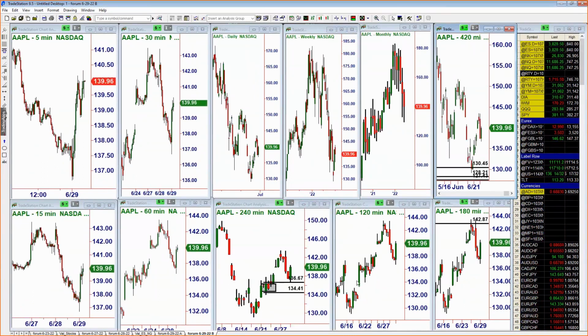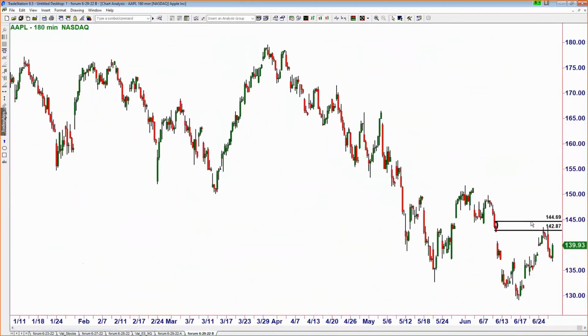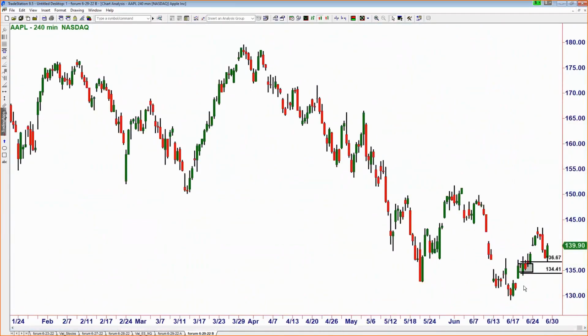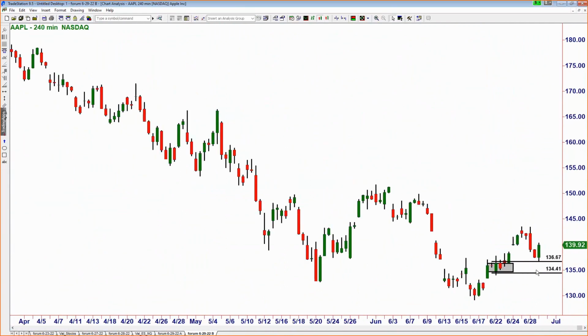We were looking at this one this morning in our session because after falling from our outside the range supply zone there, we hit this inside the range demand zone just a little bit ago. Okay? And if Apple's moving higher like this, so is the S&P, right? Again, it's inside the range, nothing to get too excited about.